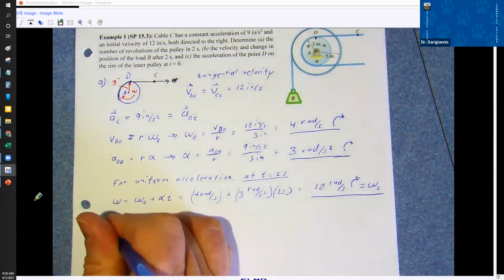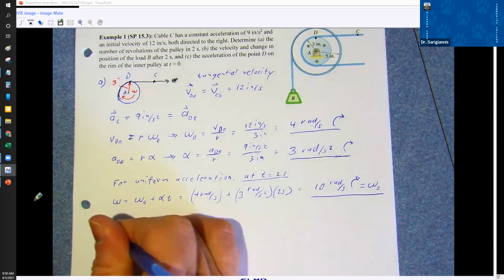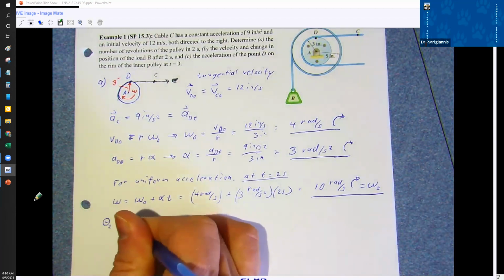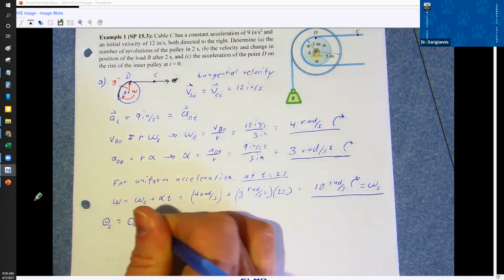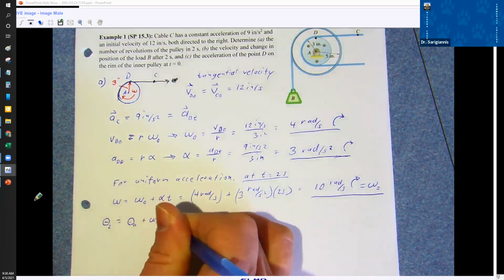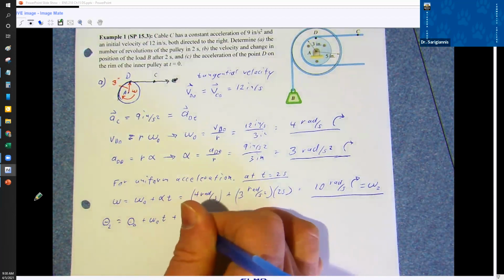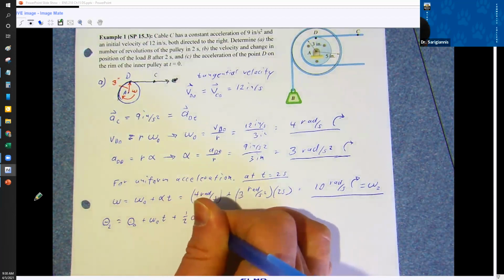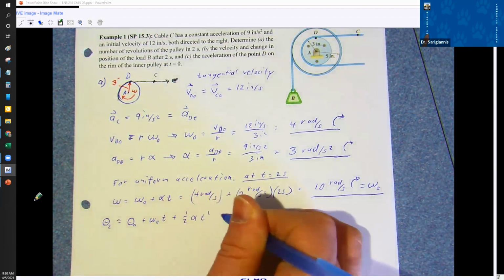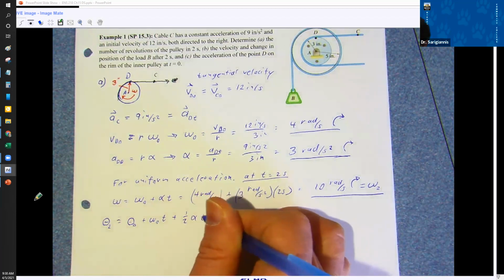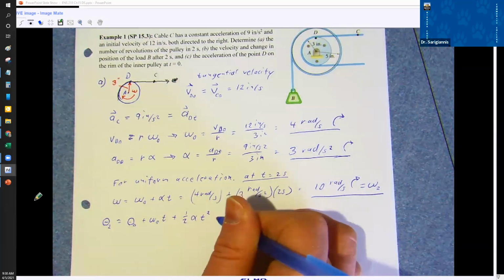Theta at 2 seconds, I'll put a little 2 here, is equal to theta naught plus omega naught t plus one half alpha t squared. This is right out of the set of equations we just looked at. I've got to be careful with a and alpha.